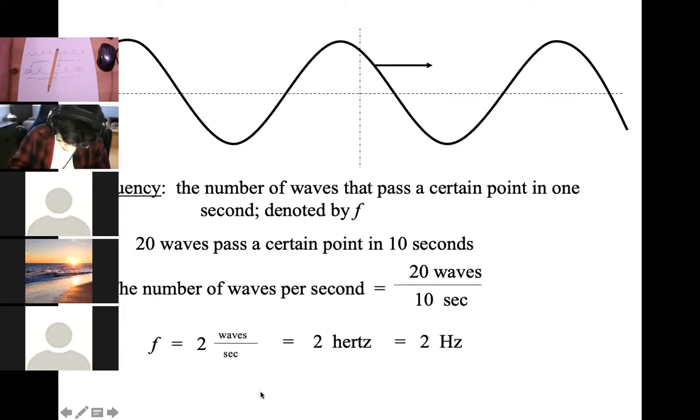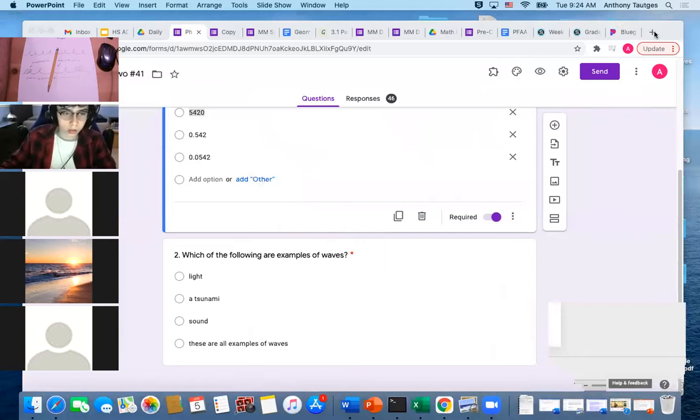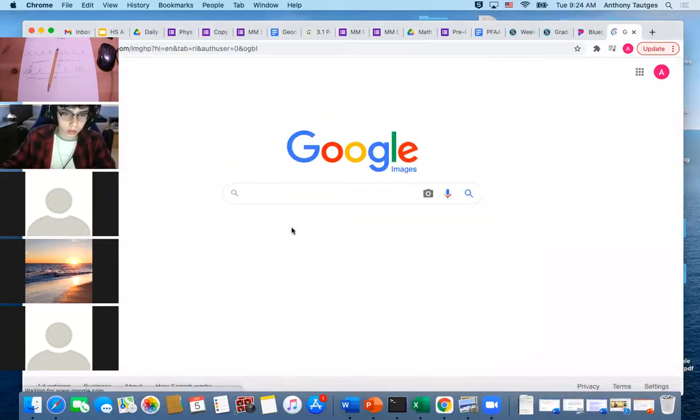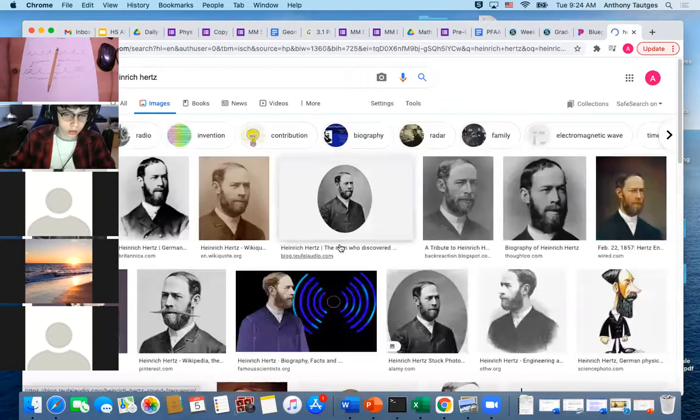All right, and I'm going to actually get out of my PowerPoint for a minute. I want to show you a picture. So I'm going to get a Google image of this guy, Heinrich Hertz. Okay, and he lived in the latter part of the 1800s.